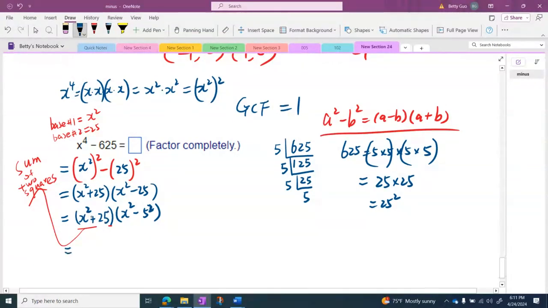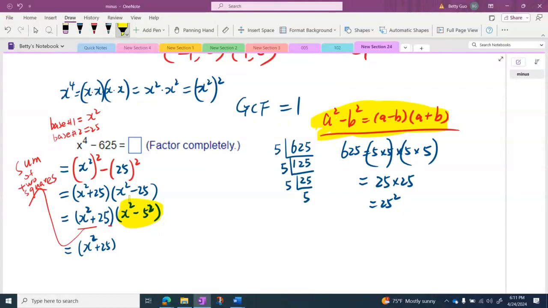However, the yellow binomial here is a difference of two squares. A difference of two squares can be factored as the multiplication of two binomials, and the two binomials are conjugates of each other, right?